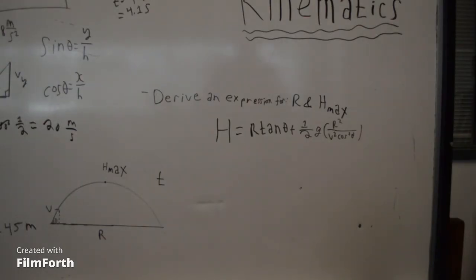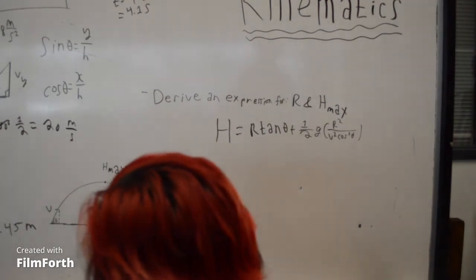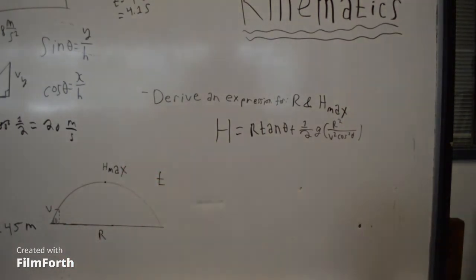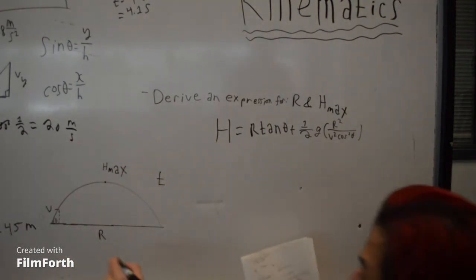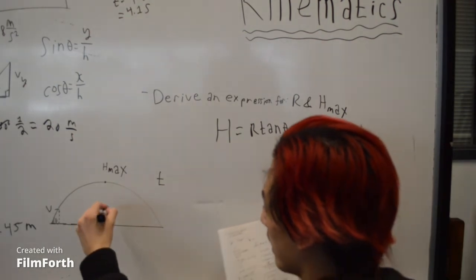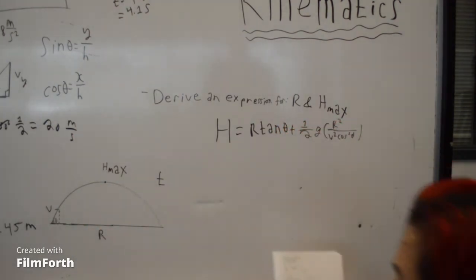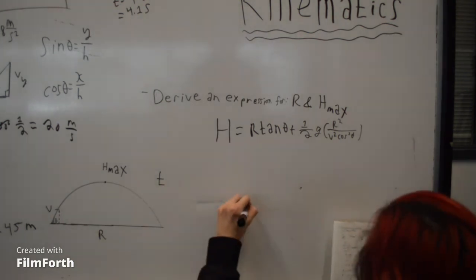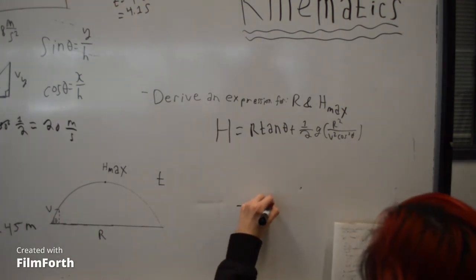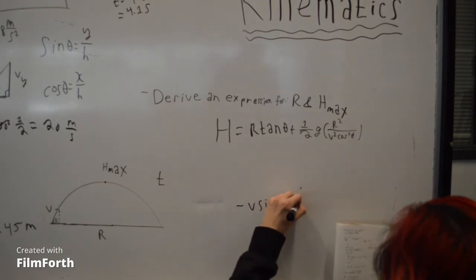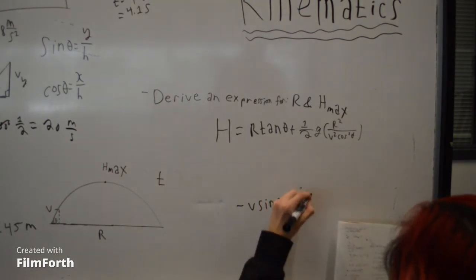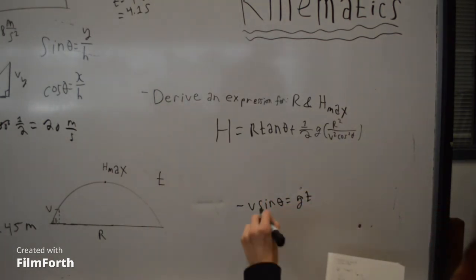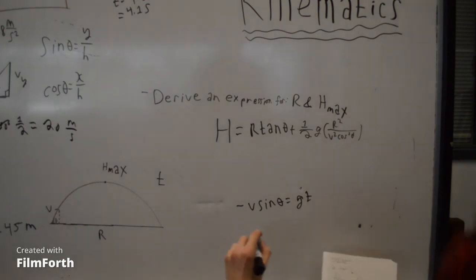Alright, so now how do we find an expression for range? Well, if we look over here, when the time equals half of its actual travel time, we get that negative v sine theta equals g times time, and that's our expression for half the time.